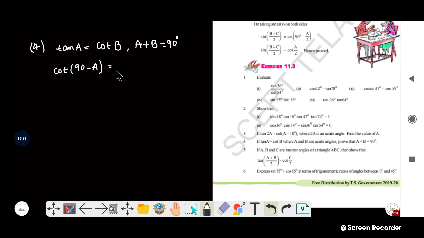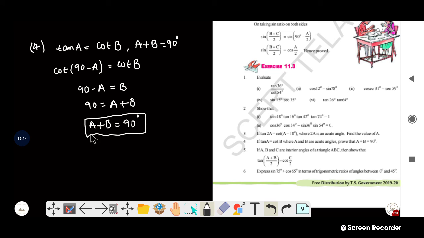It is equal to cot B. Now on both sides I am going to remove the cot values. 90 minus A is equal to B. Then A will go to the other side: 90 is equal to A plus B. So therefore A plus B is equal to 90 degrees. This is the fourth question.